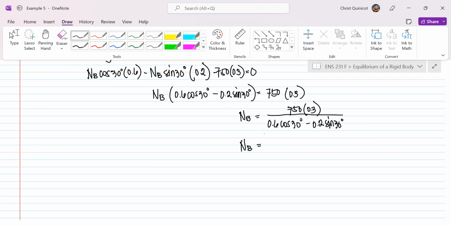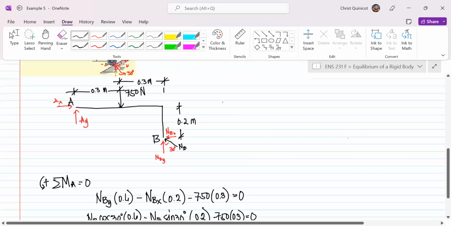Then our numerator is 750 times 0.3, divided by that answer, which should give us 536.2054981 Newton. So this is our normal force at B.